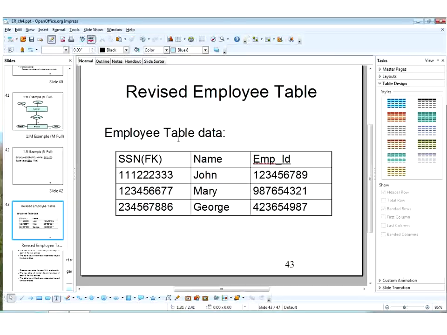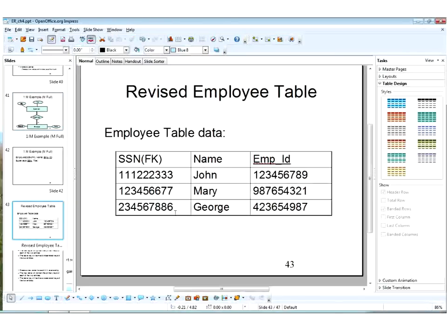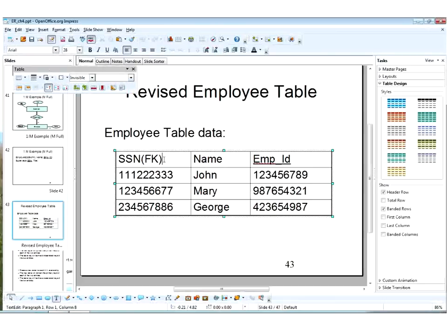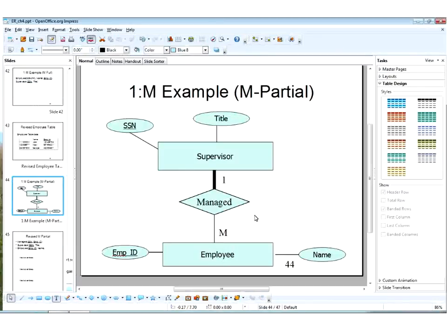So since employee is M, supervisor is 1, and the M side is full, we take the single side, which is supervisor, and go ahead and put it in the employee table. That's a foreign key reference to the 1 side, the supervisor side. Now here's the other way around. Here's partial.